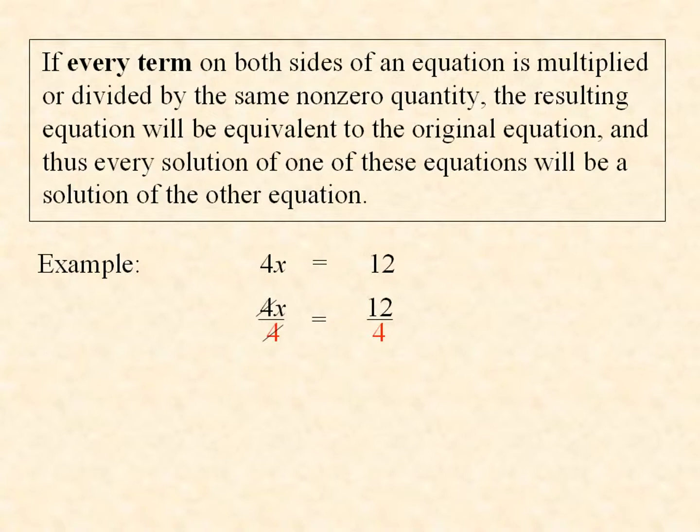This cancels the 4 on the left, and we have x equals 3. Division is the inverse of multiplication. We could also multiply both sides of this equation by the reciprocal of 4, which is 1/4. 1/4 of 4 is 1, so we have x on the left side, and 1/4 of 12 is 3, we have 3 on the right side.